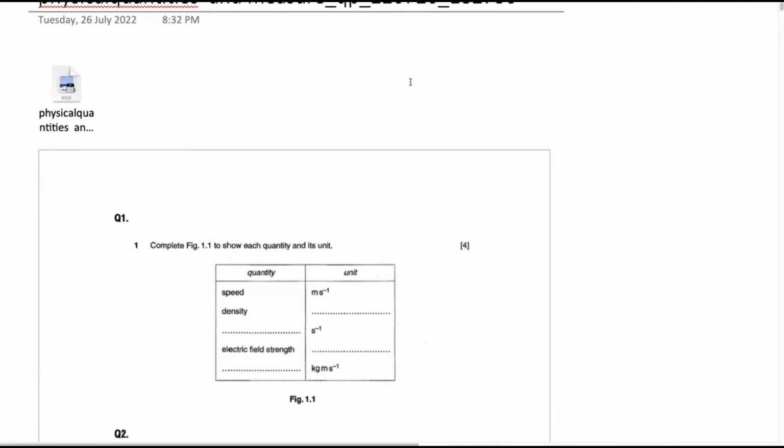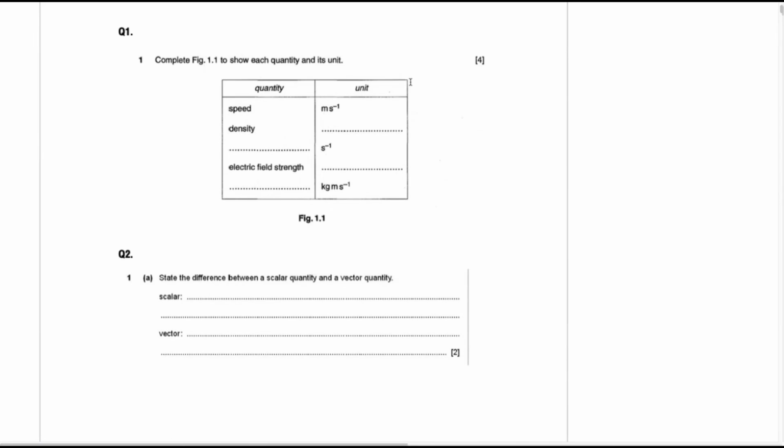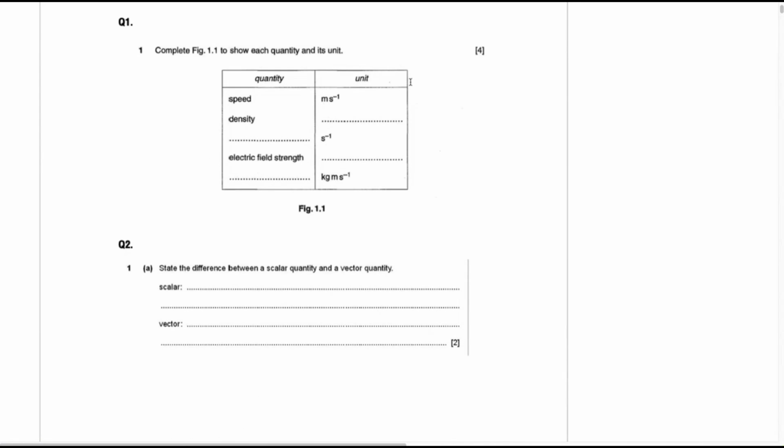So let's start from question 1. Complete figure 1.1 to show each quantity and its unit. So you see speed, meter per second. So this one is done, no problem for this. And the next one is density.